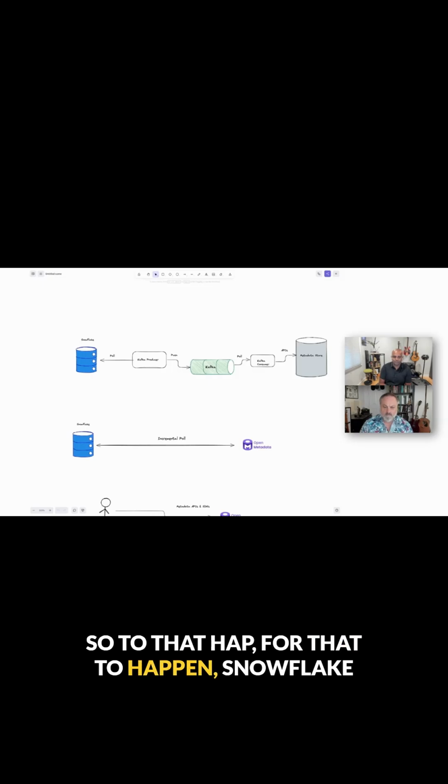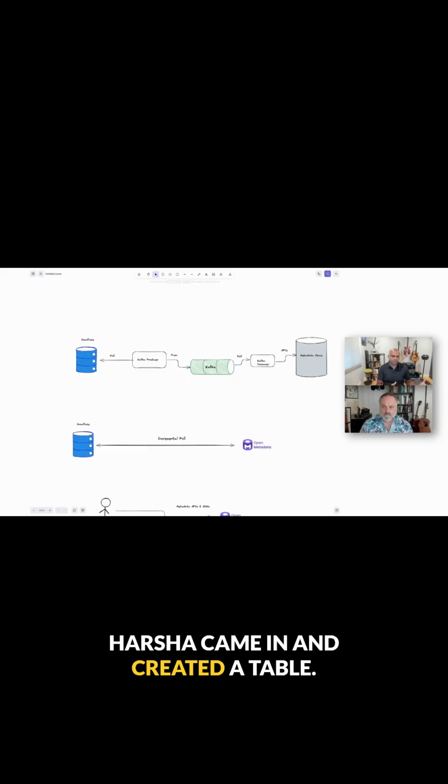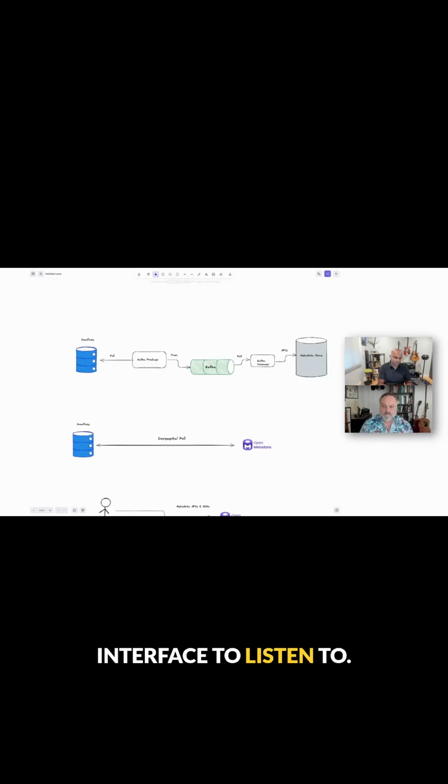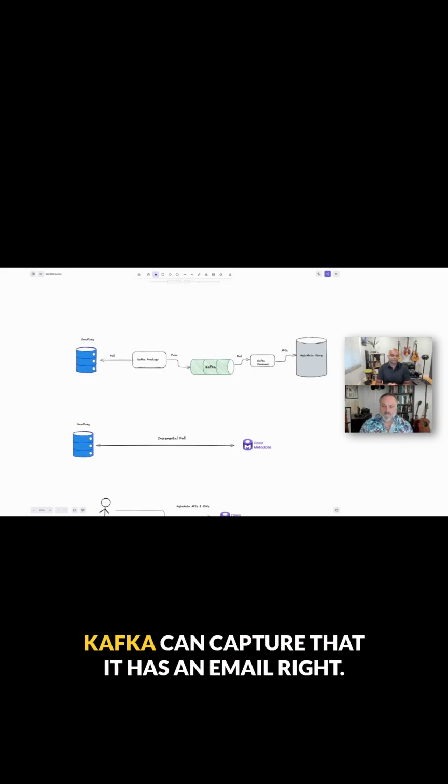For that to happen, Snowflake needs to notify an external system that Harsha came in and created a table, Sean came in and altered a table. All of these things as notifications or events, Snowflake has to provide an interface to listen to. It needs to enable a push mechanism so that Kafka can capture that as an event.